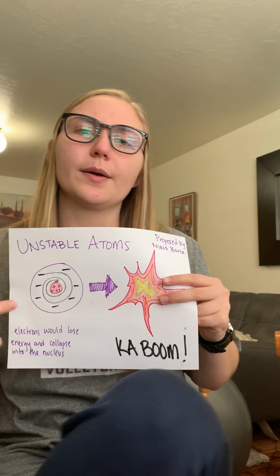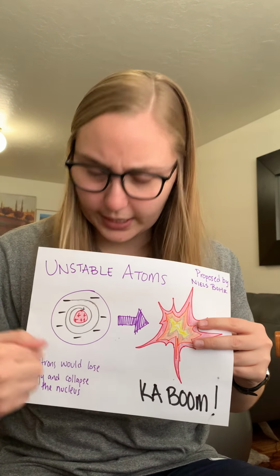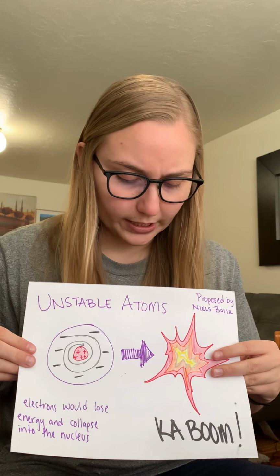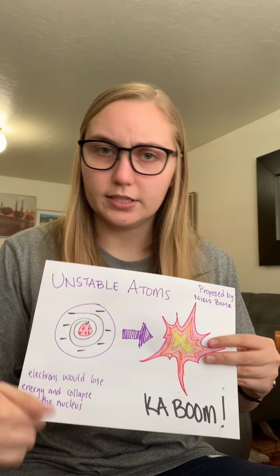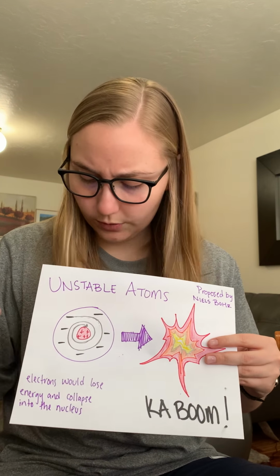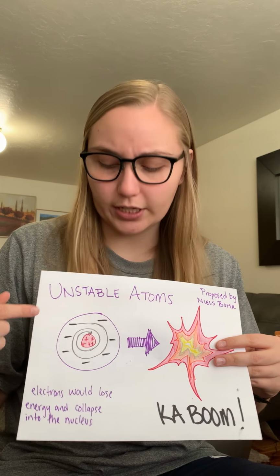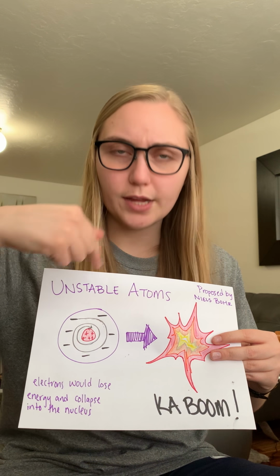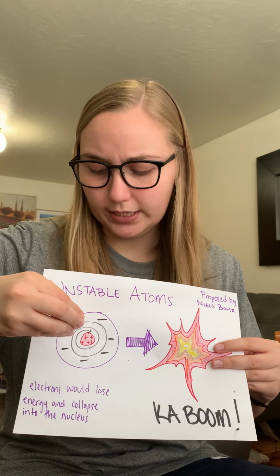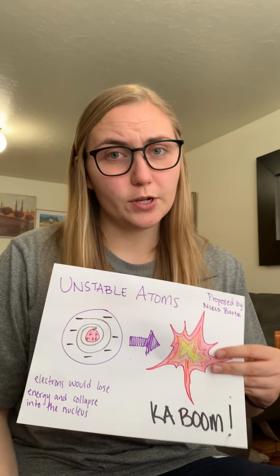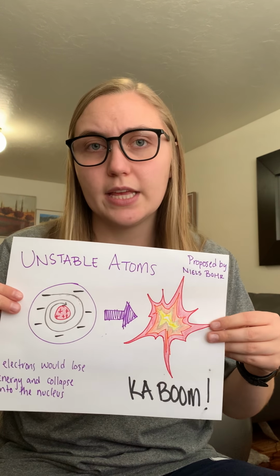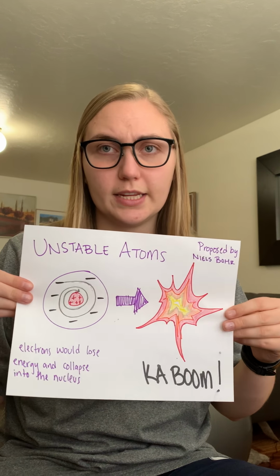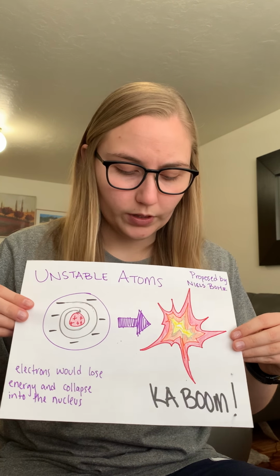Whenever he thought about that positive charge in the center with the negative electrons around, he realized that the electrons, as they lost energy, because they're going to lose energy as they're moving all around, would slowly spiral and collapse into the nucleus, and then the atoms would explode. He said that doesn't make sense because everything would always be falling apart, and we're not getting that. So, we did not get kaboom.